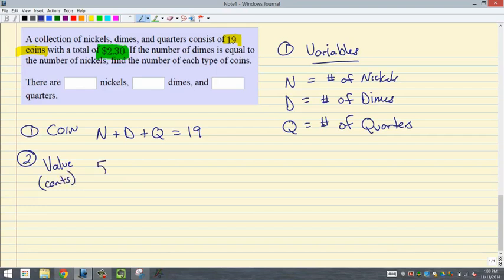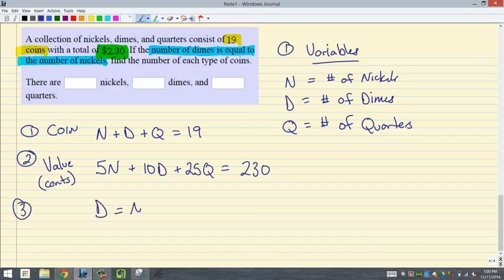And so there are 5 cents for every nickel, plus 10 cents for every dime, plus 25 cents for every quarter, for a total of 230 cents. The only place where you put a value on the variable. It's the only place where you have 5n, 10d, 25q. It's in that equation.